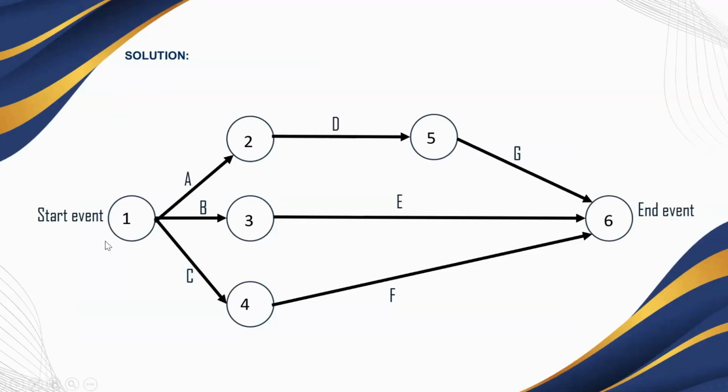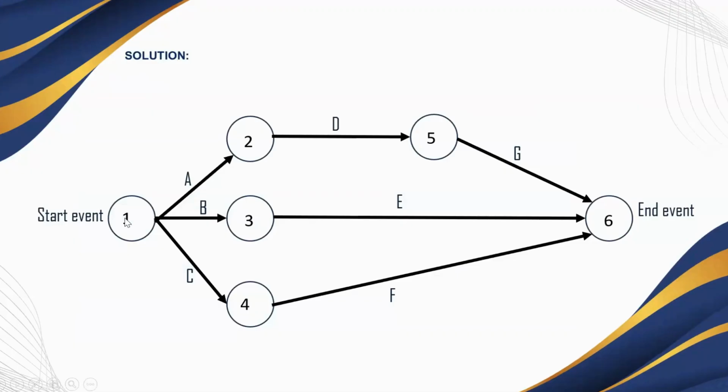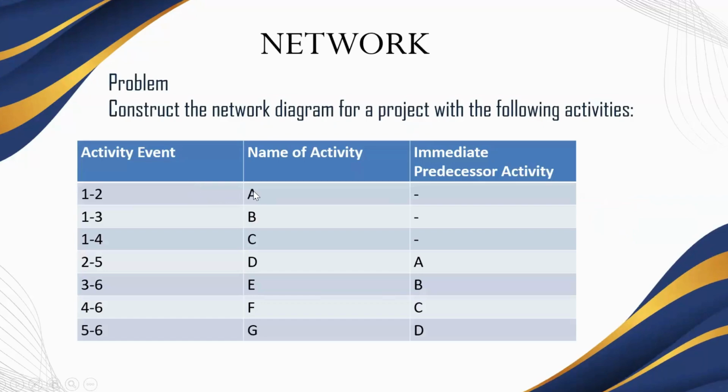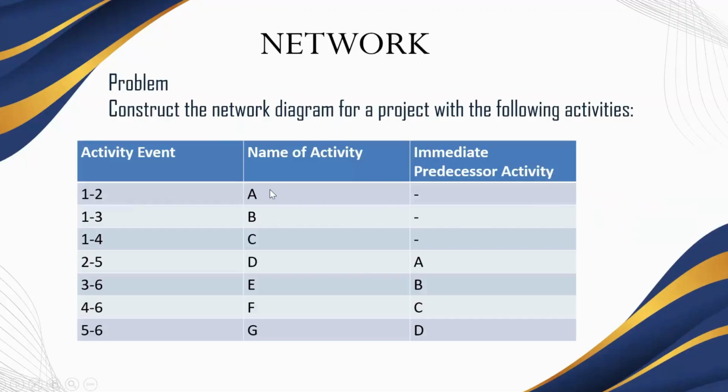For the starting event, the activity was started from 1 to 2. So we will start with 1 and 2, and we will allocate them as A, as this was the name of the activity from 1 to 2.